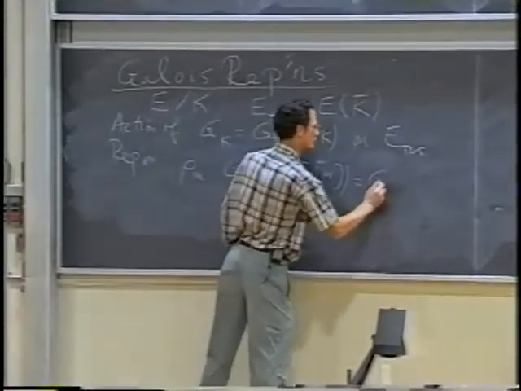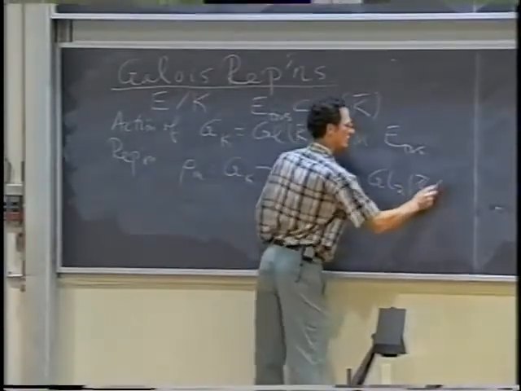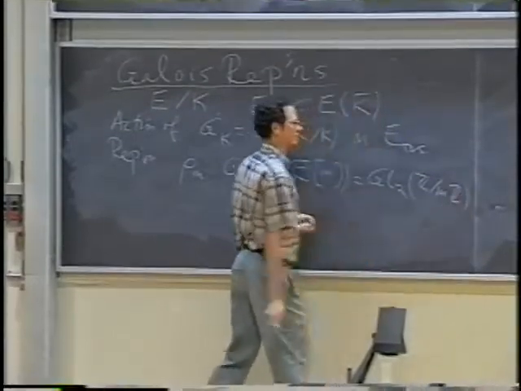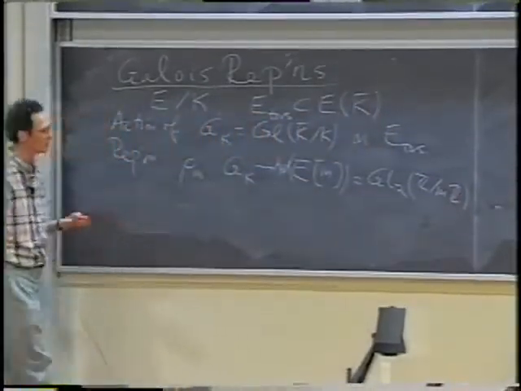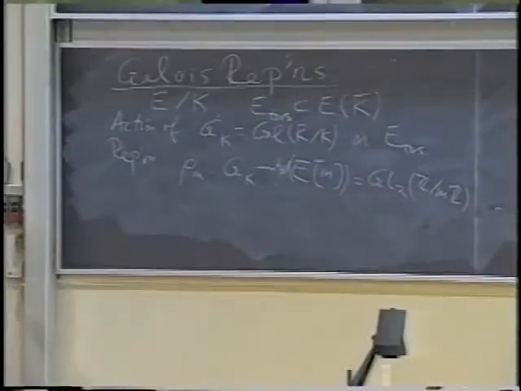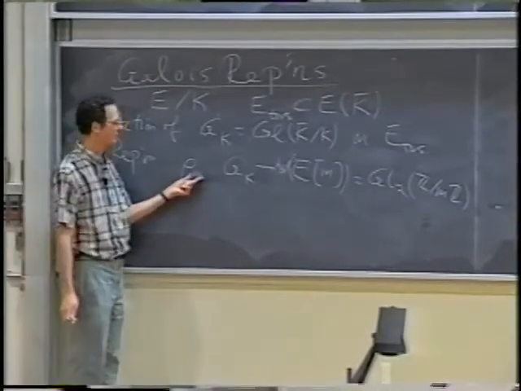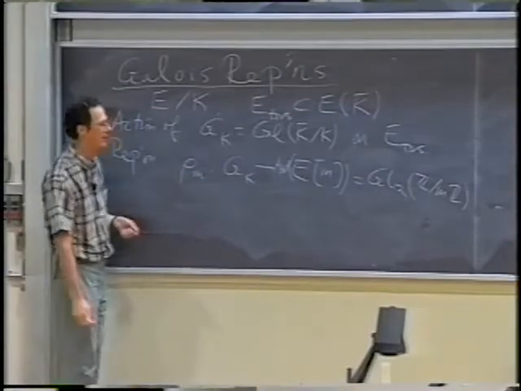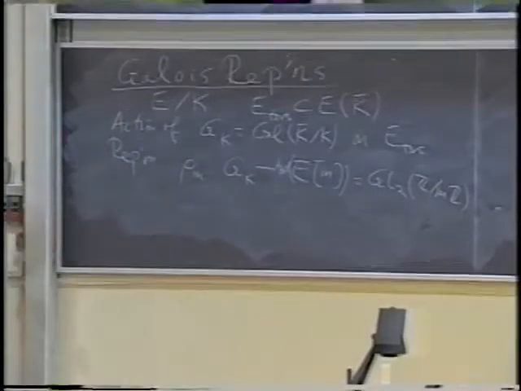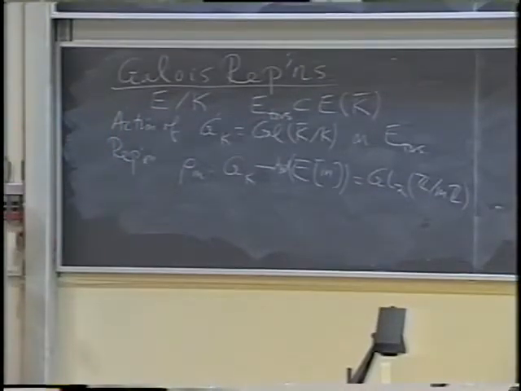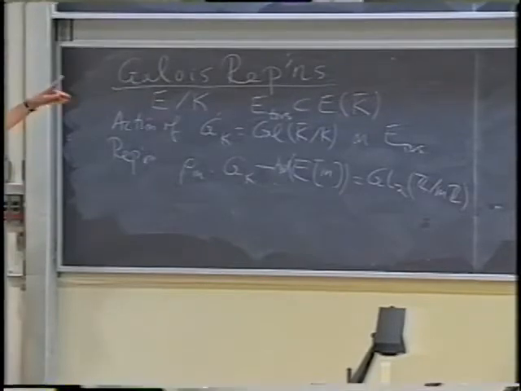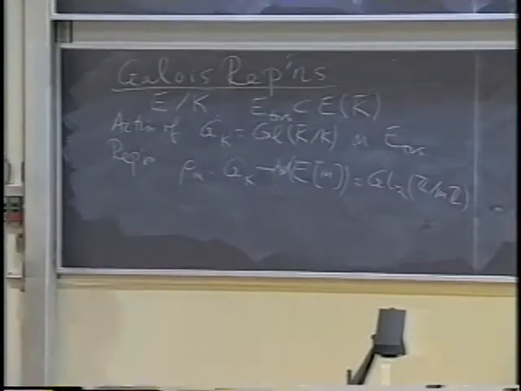And this, of course, is just GL2 of Z mod MZ. So you get these 2-dimensional representations. Even if M is a prime, say, they're finite characteristic, though, of course, those will be very important. But one can also fit them together to get representations in characteristic 0.